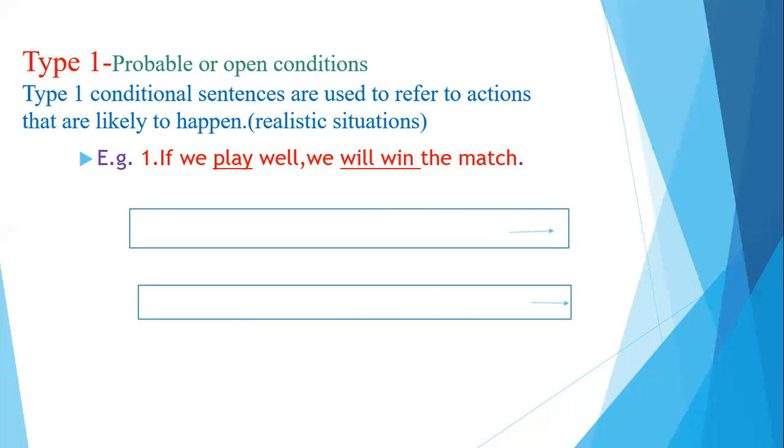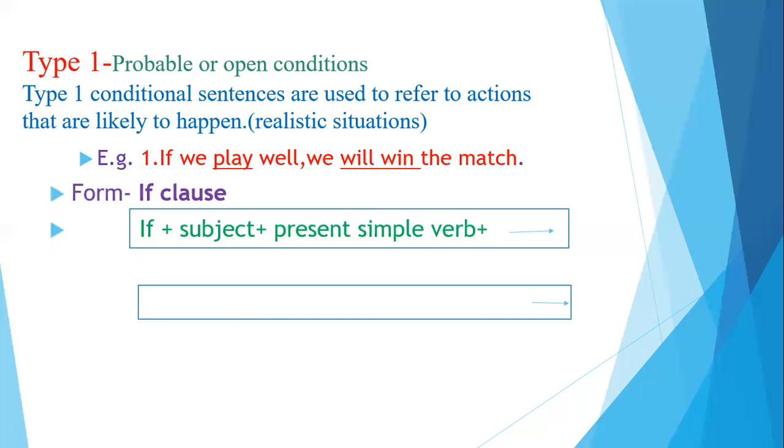Let's now look at the structure of this type 1 conditional sentence. Usually, the if clause has this component: if plus subject plus present simple verb. So when you write a type 1 conditional sentence, you need to maintain this form.